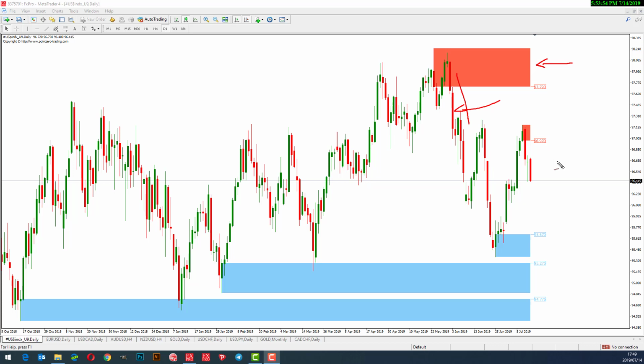Yes, of course, most people will say, oh, but Ivan, we missed this up move. We missed these up moves. But look how those up moves were easily erased with an impulsive move to the downside. So it would have been risky.